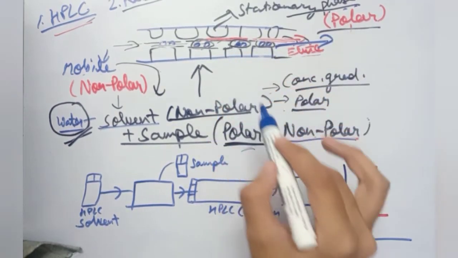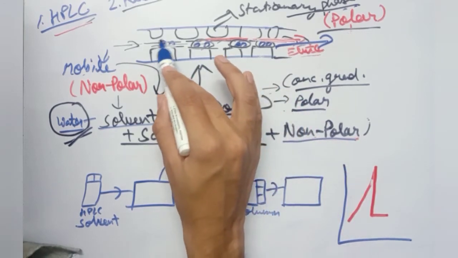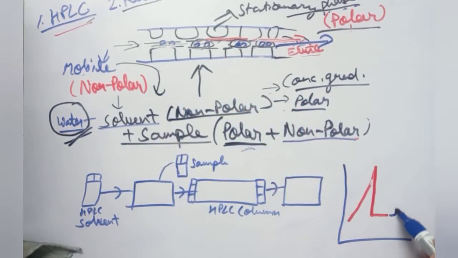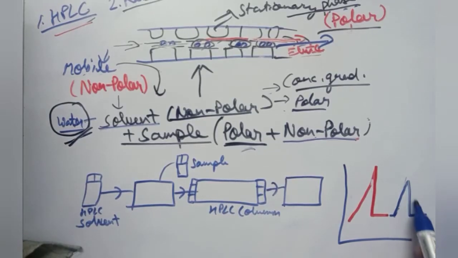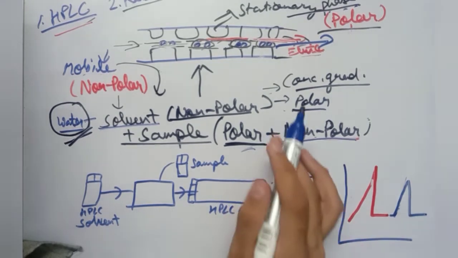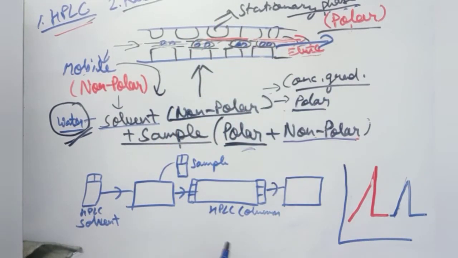As I have shown the polar component in blue color, a graph like this is formed. I have shown that graph in blue color because we have assumed that the polar components are blue. So there is no confusion here, I hope.